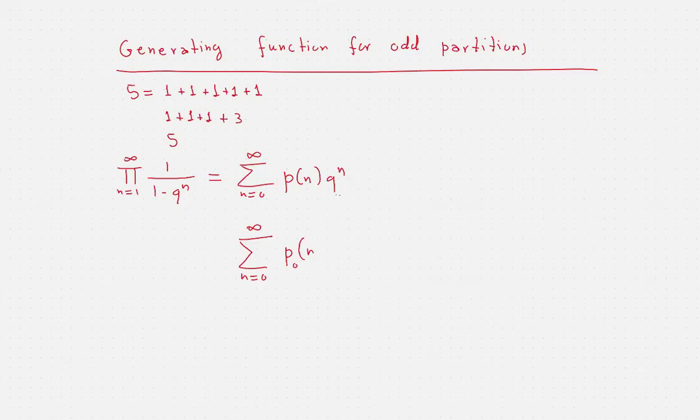So this is the amount of odd partitions of n. And as usual, the understanding is that the number of odd partitions of the number 0 is 1.